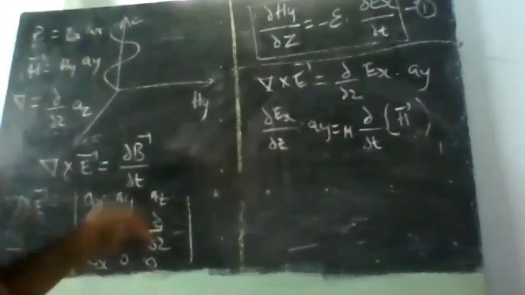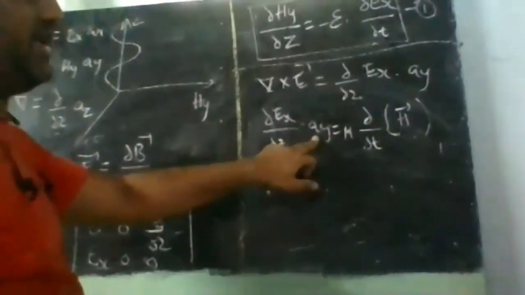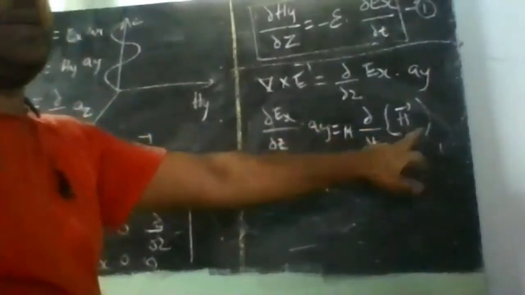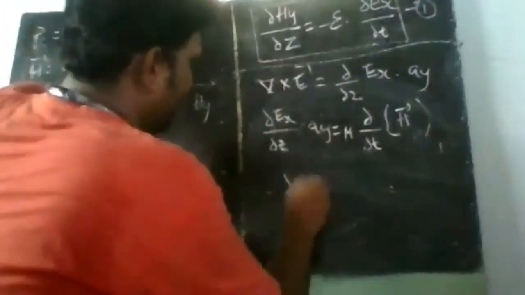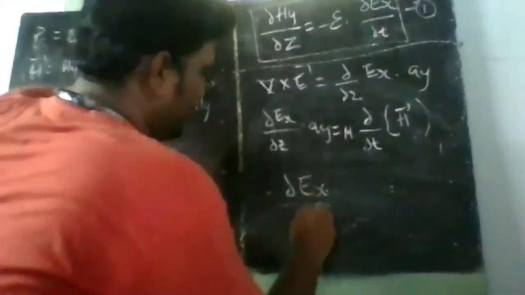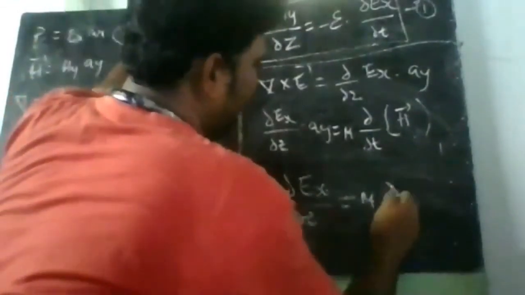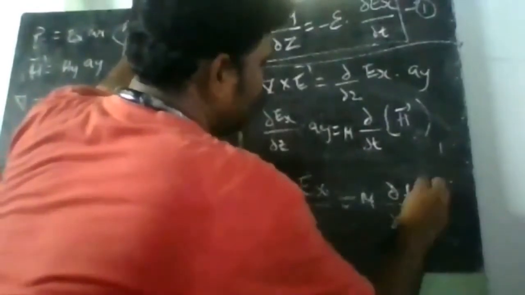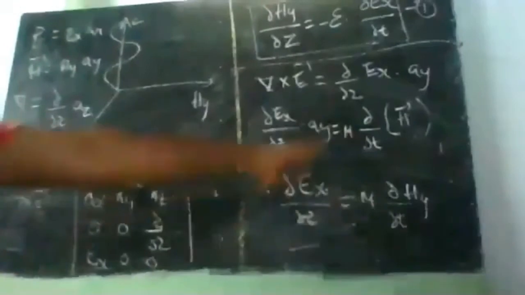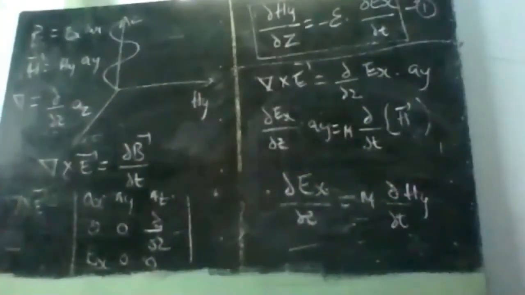Therefore dou Ex by dou z is equal to mu into dou by dou t of Hy. Again, the same thing: if I take Ex, I get Hy. If I take Ey, I'll get Hx. So this is also one more relation.